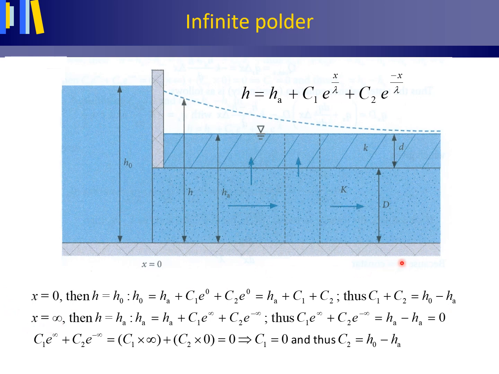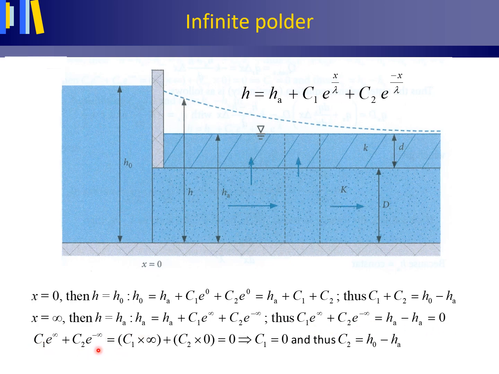When x is infinity, then h becomes ha, and then ha equals ha plus c1 e to the power infinity plus c2 e to the power minus infinity. Thus, c1 e to the power infinity plus c2 e to the power minus infinity equals ha minus ha, which is 0. So this term equals 0.